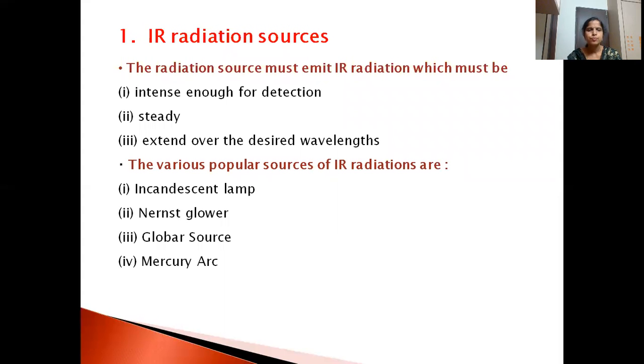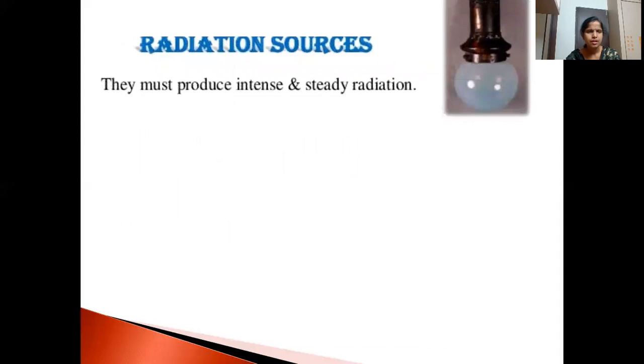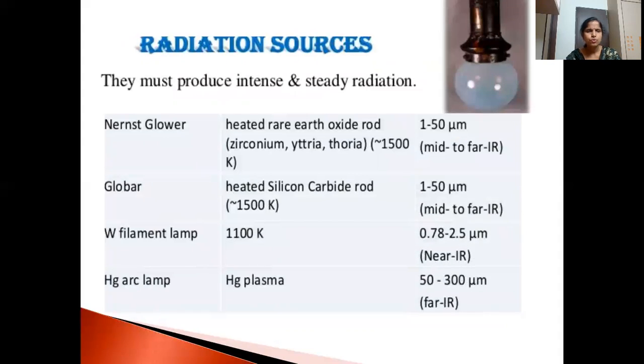The various sources of IR are the incandescent lamp, Nernst glower, globar source, and mercury arc. Now what are these sources? The Nernst glower is made up of rare earth oxides, those of zirconium, yttrium, and thorium.